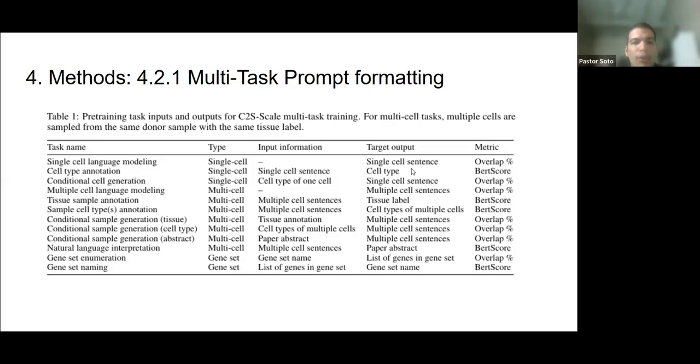But there are other inputs. For instance, conditional sample generation uses a paper abstract, and they create multiple cell sentences. That is the example that we went through when we were evaluating retinal cells. So there are different inputs for different tasks, depending on the output that you need.